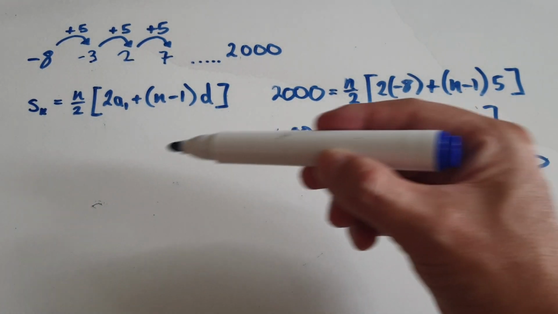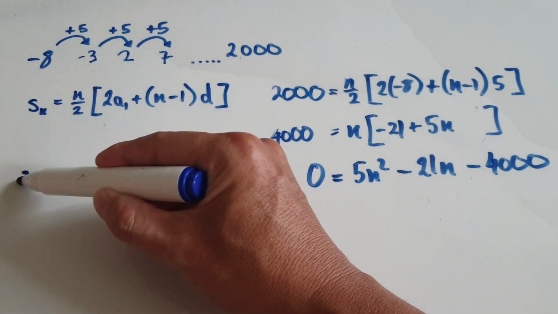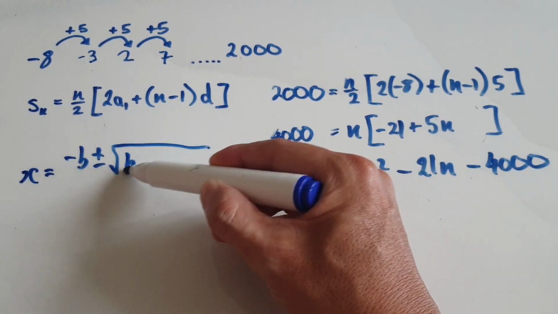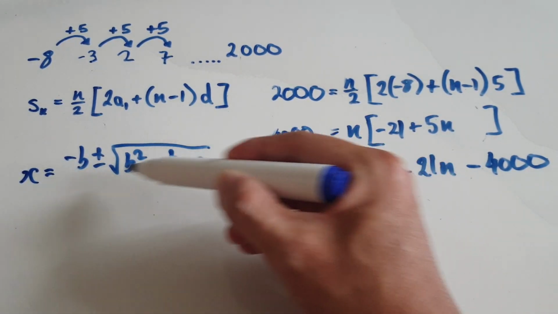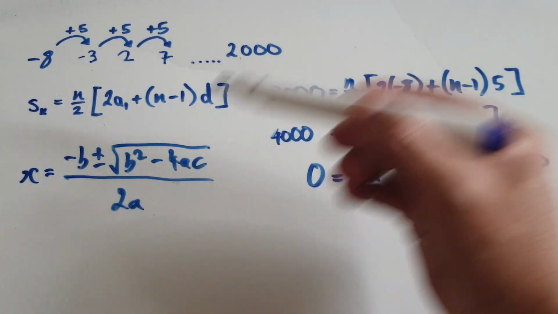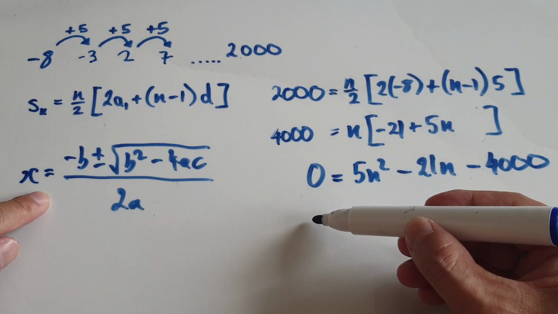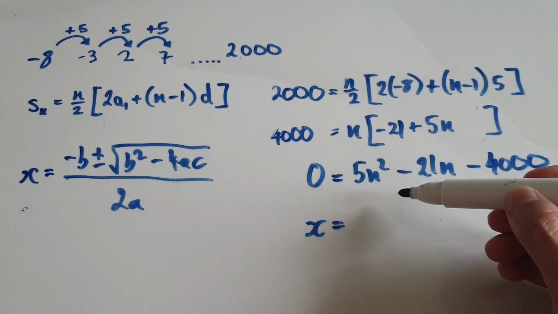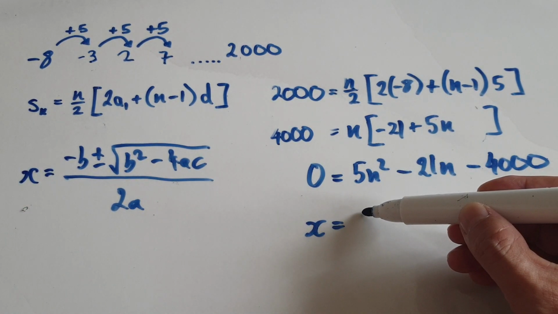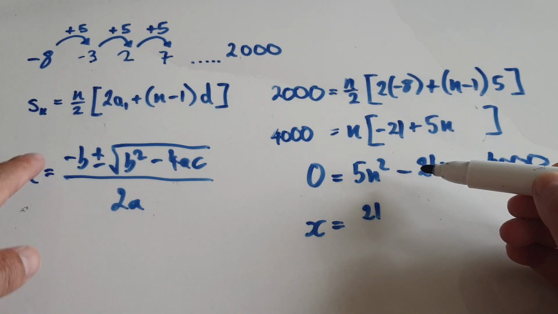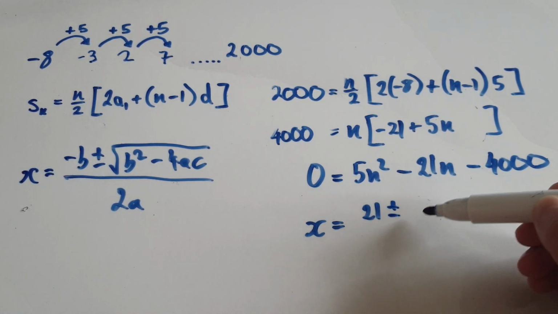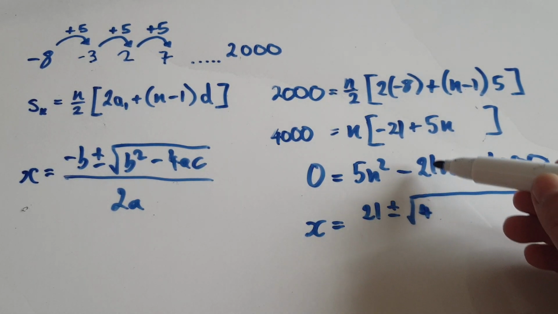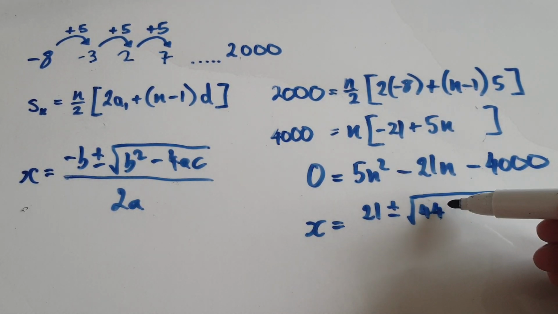So remember the quadratic formula: x equals -b plus or minus the root of b squared minus 4ac, all over 2a. In this case, -b would be 21, because b is negative and there's a negative in front. Then b squared, I did it on the calculator earlier, turns out to be 441.